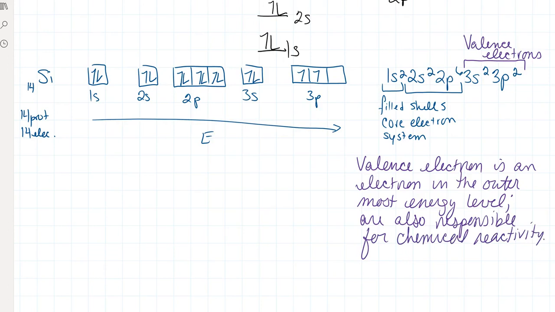In this case, I would say that silicon has 4 valence electrons in the atom.